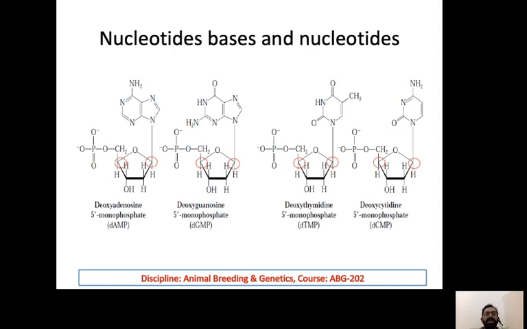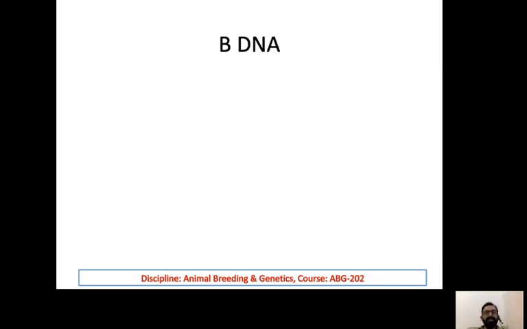The only difference among these structures, which you can see in the red rectangle, is the nucleotide base. If the nucleotide base is changed, the nucleotide would be changed. The rest of the structure is the same. The rest of the lecture, this part 2, will be covered in the next lecture. Thank you very much.